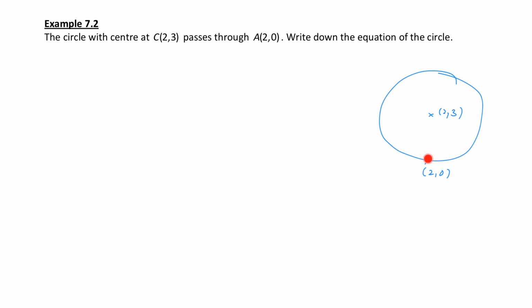Good. Distance formula. But can you observe the x-coordinate of these 2 points are equal? So I know the distance between these 2 points, C and A, is equal to 3. So I can write down the equation directly. (x − 2)² + (y − 3)² = 3².